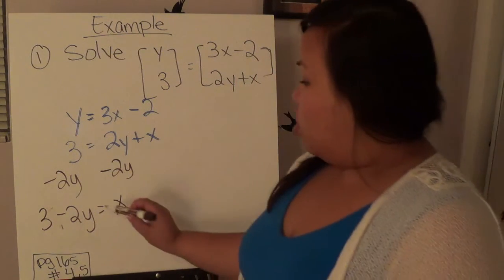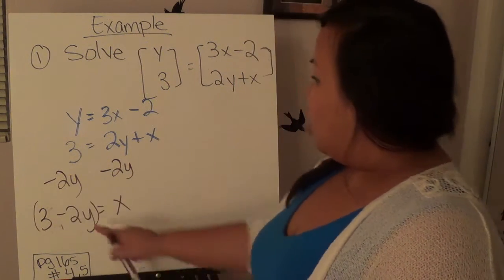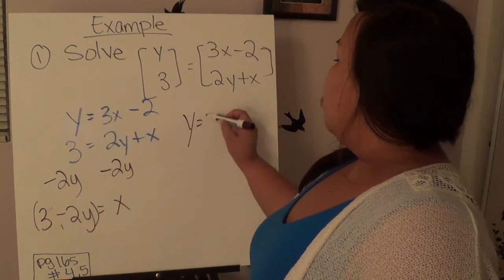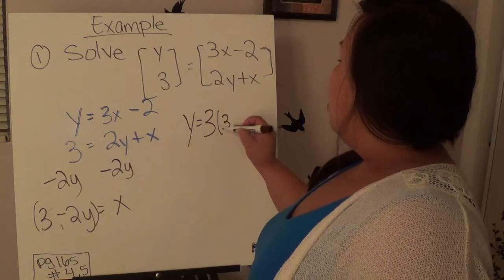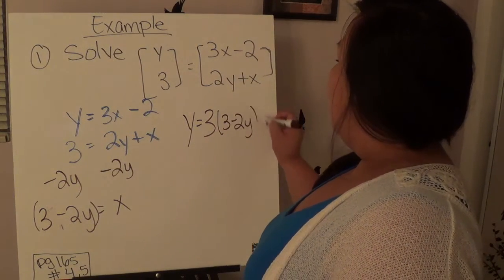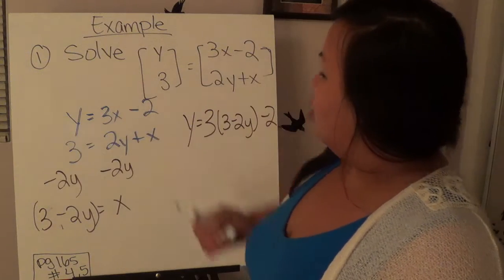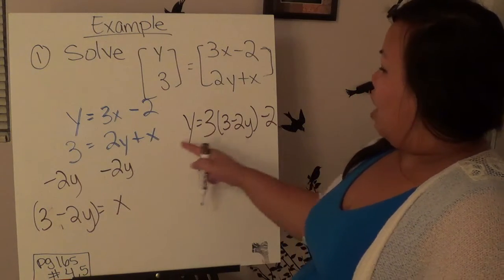So remember, we take this into a bubble and we're going to bump it in for this. So I end up with y equals 3 times (3 minus 2y) minus 2. I took this whole bubble and put it in here, and now I have this whole equation.